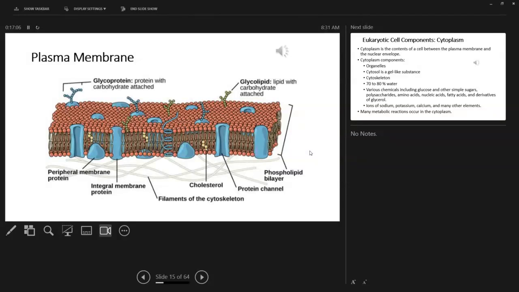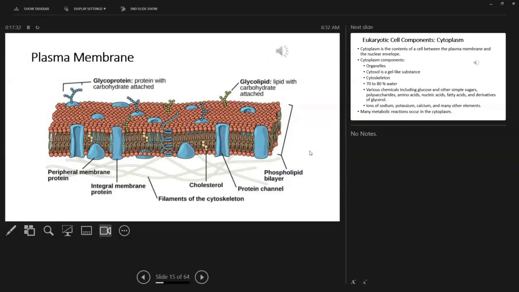And they are arranged in these two layers this way, with the tails facing each other, because the head part of these phospholipid molecules is polar, like water, so it's hydrophilic. It likes to mix with water, likes to be in contact with water.